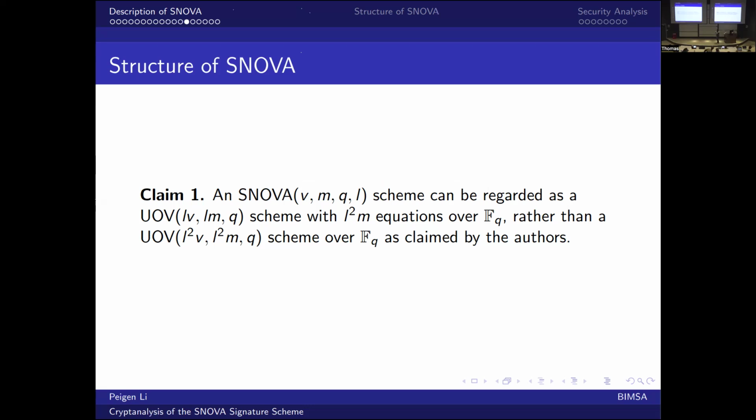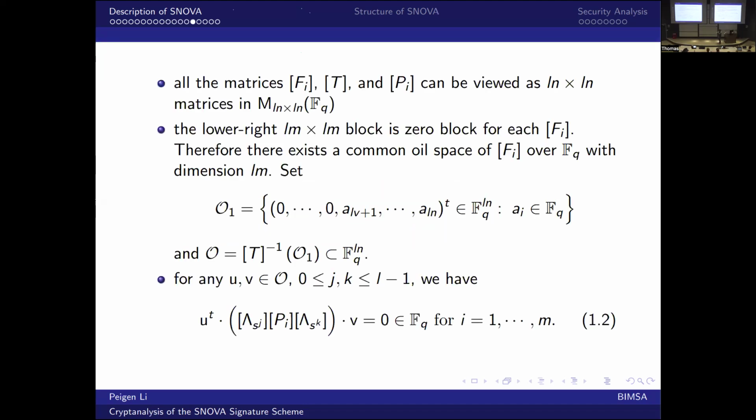But if SNOVA is regarded as a UOV scheme with l v variables and l m equations over Fq, then the complexity will become smaller. Okay, I will explain why we can do this.